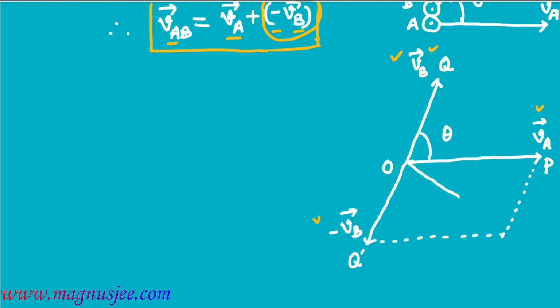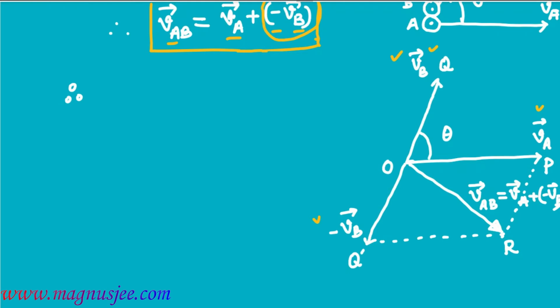Along the diagonal OR, the resultant of vector VA and minus vector VB will be acting. That means vector VAB, which is equal to vector VA minus vector VB, will be acting along the diagonal OR of the parallelogram OPQ prime, according to the parallelogram law of vector addition.